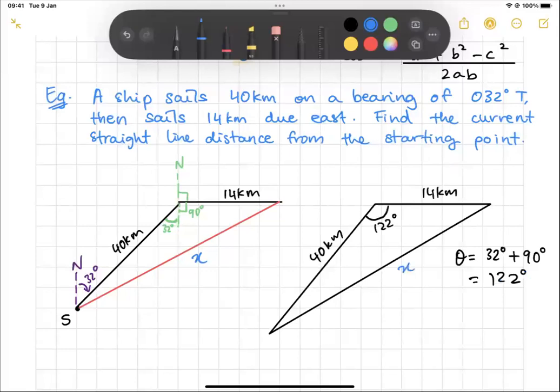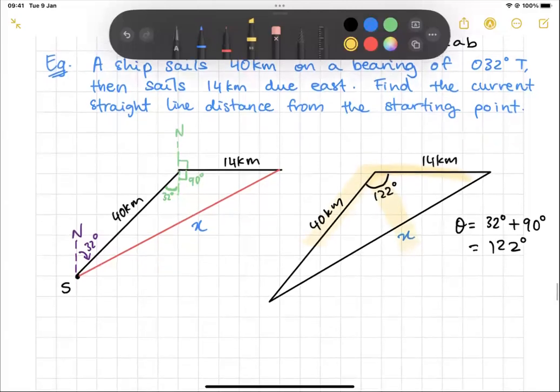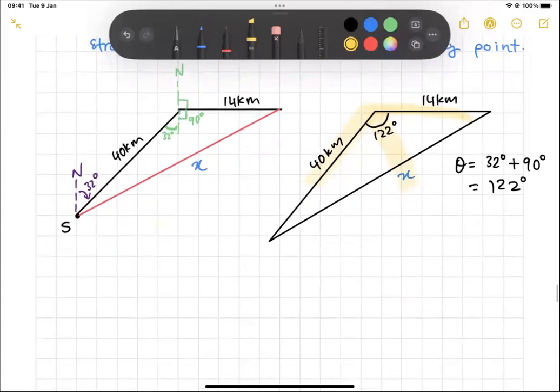All right, doesn't seem like it's going to be sine rule, but let's double check. I'm trying to find what my unknown side is. So let's draw a line to its corresponding angle. And I've got two side lengths, so I'm going to make a TP. Looks like I need to use cosine. So let's do it.